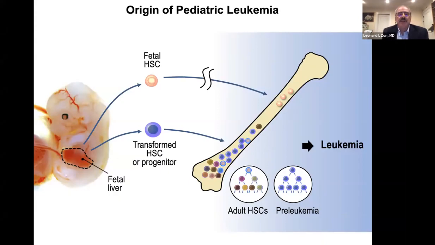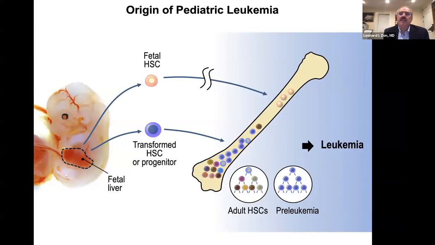But one of the theories of leukemia, particularly pediatric leukemia, has been that there's a fetal progenitor or a stem cell that gets transformed, and this causes an expansion of blood cell populations, and this sets up a preleukemic state. And on top of that, there are other mutations that ultimately lead to leukemia.